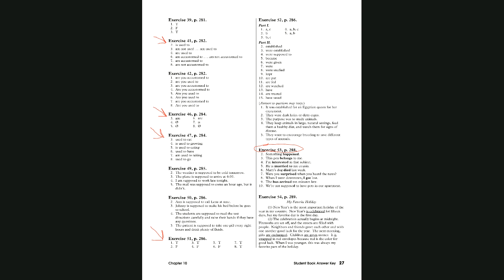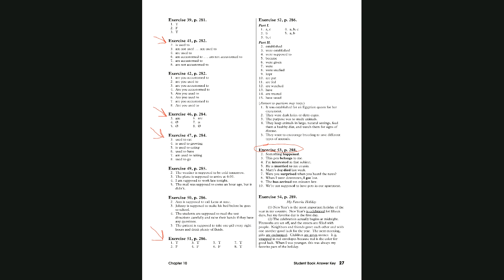Okay, Walter, what did you put for number 6? Mary's dog died last week. Yes, that's correct. Okay. And I'll share the rest. Number 7, were you surprised when you heard the news? Number 8, when I went downtown, I got lost. Yes. And number 9, the bus arrived 10 minutes.